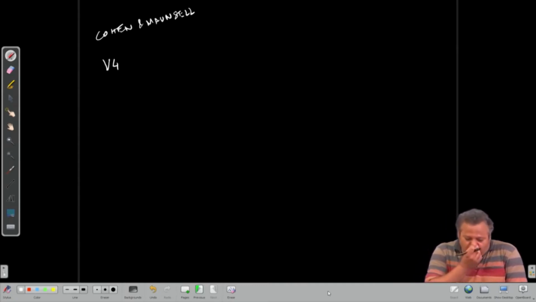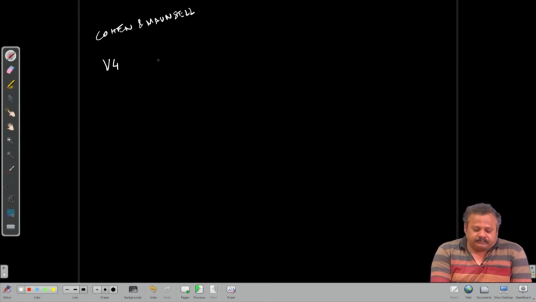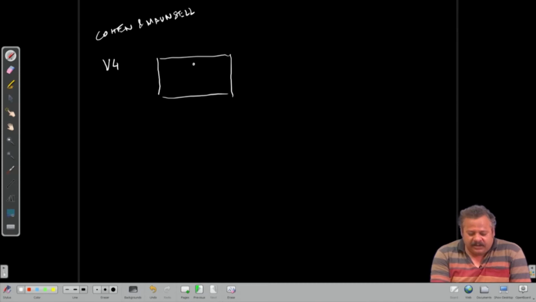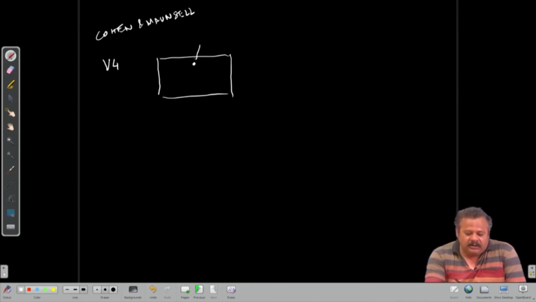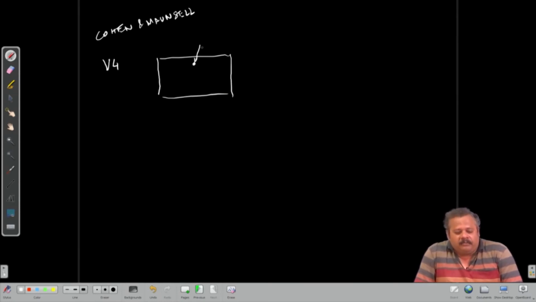So, what was the task? These experiments were done on monkeys, and these primates had been trained to fixate at a particular point on a screen right in front of them. This is the point on which the monkey has to keep its focus.